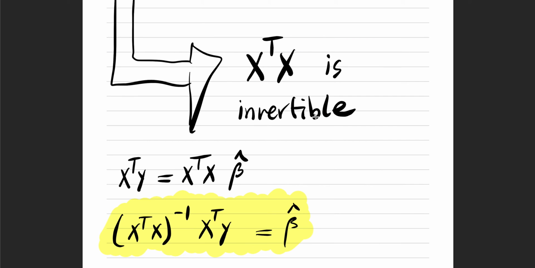And when X transpose X is invertible, we can multiply both sides by the inverse of X transpose X. And then we get (X transpose X) inverse times X transpose y is beta hat.